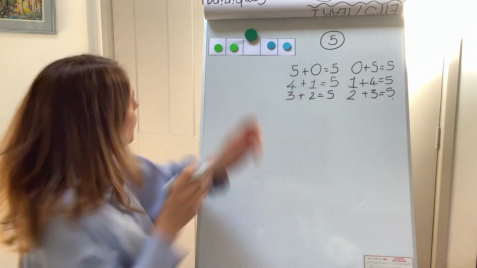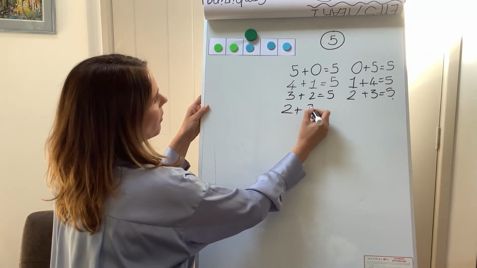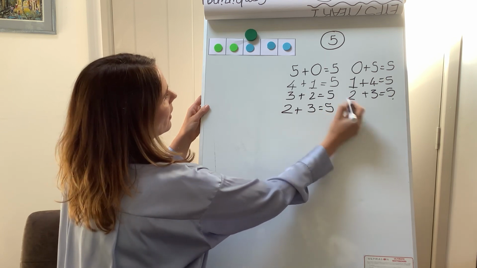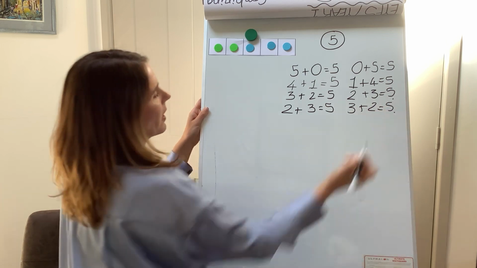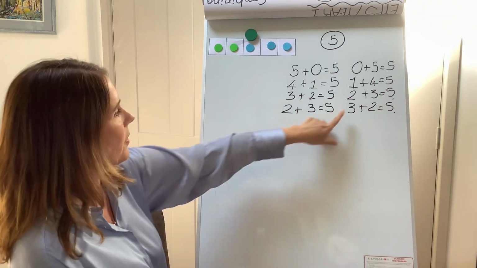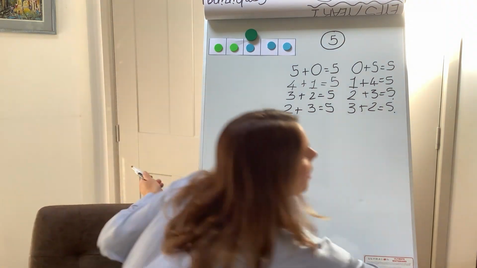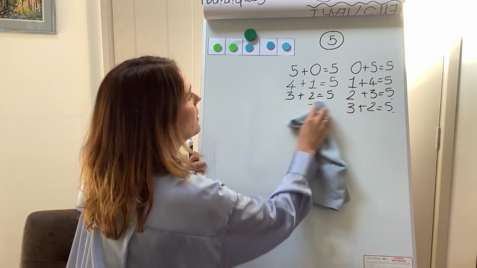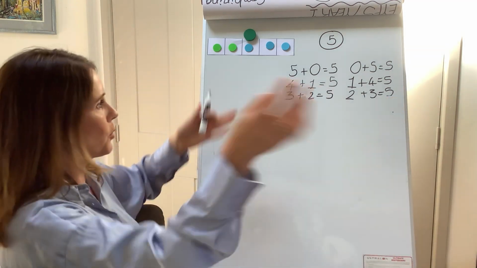So now we've got 2 green counters and 3 blue counters makes 5, and 3 and 2 makes 5 as well. So that is the number sentence we've already got. So we know we've exhausted all the possibilities for our number sentences. So we don't need to go any further with those because we're starting to repeat them.